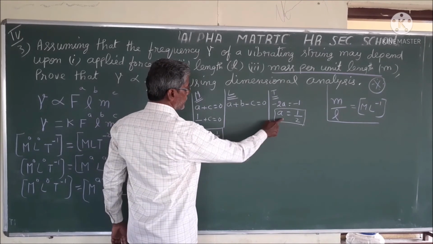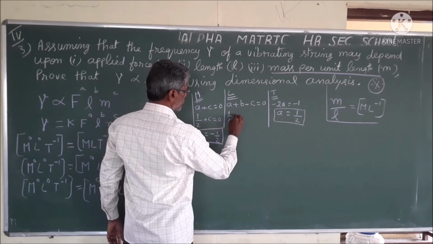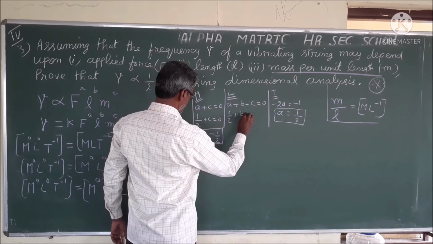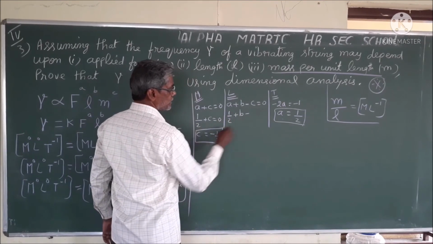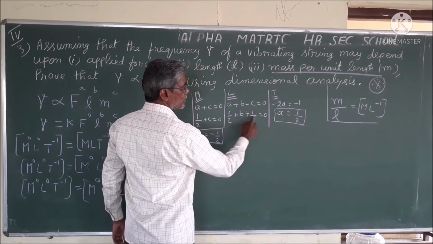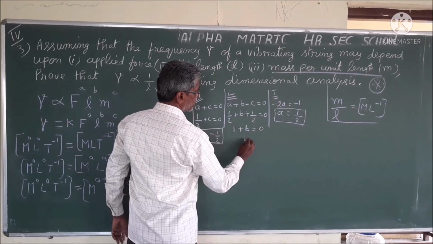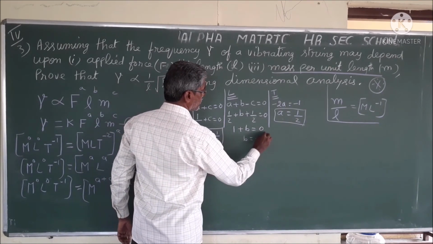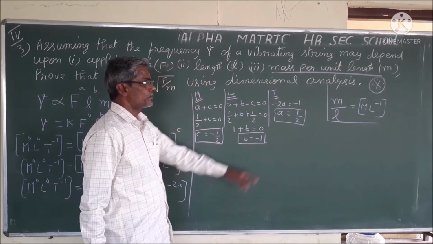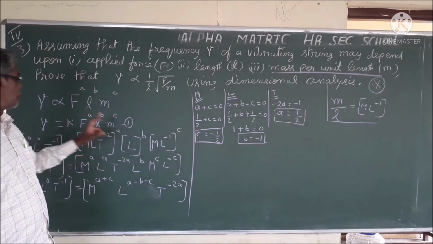Now you substitute the a value and c value here. So 1 by 2 plus b minus, here minus minus, so it becomes plus 1 by 2 equal to 0. Half plus half is 1, so 1 plus b equal to 0. So b is equal to minus 1. Now you substitute the a, b and c values in equation number 1.